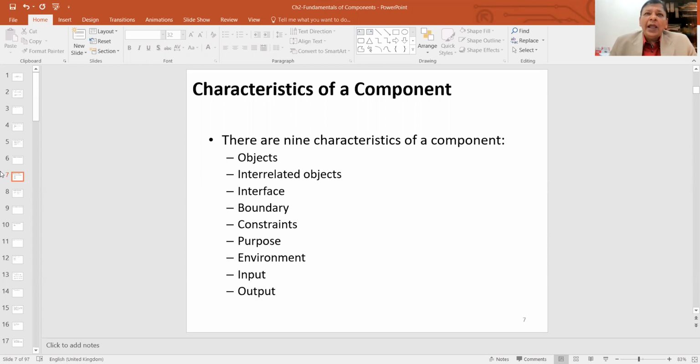Environment. Every component or system has an environment where that system has to work. So the external of that system is the environment. For example, we have an office environment where we have other users like our colleagues or our management, our bosses.